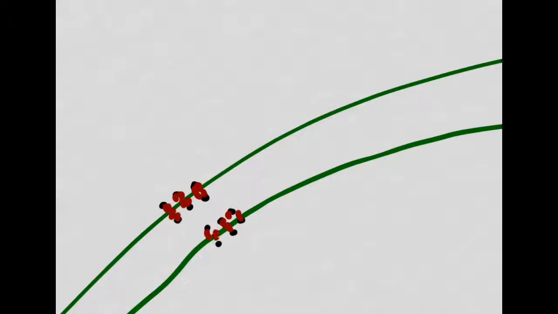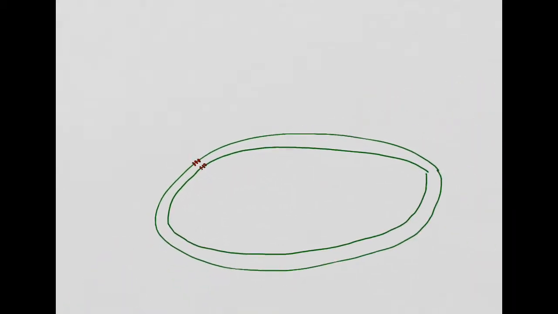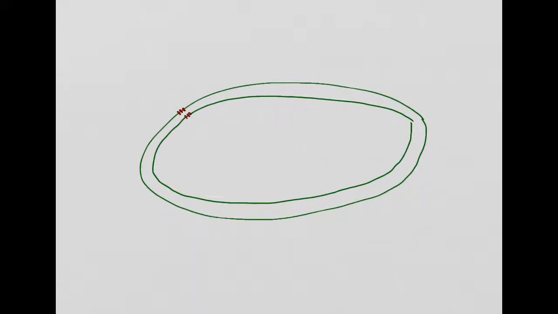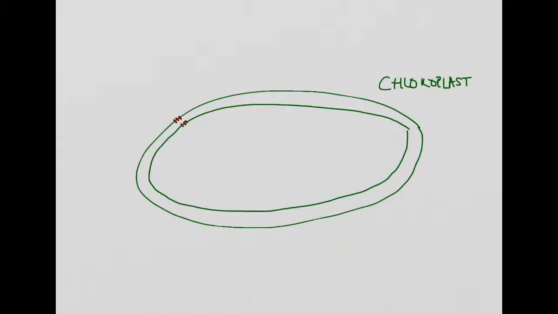So this is a double lipid bilayer. These are terrible phospholipids, but you get the point. Double lipid bilayer, and this is my chloroplast. I'm going to write that to the side. And outside of the chloroplast, this would be the cytoplasm of my cell.